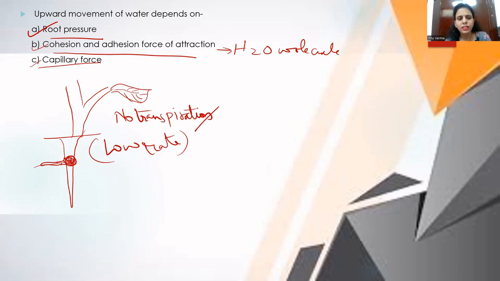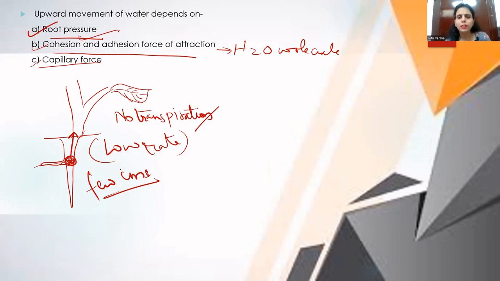The pressure built inside the root by water due to continuous absorption from the soil is known as root pressure. But because of root pressure, water can reach only up to a certain height, maybe just a few centimeters. It cannot go beyond a few centimeters.